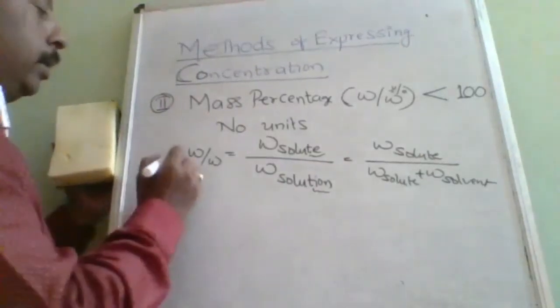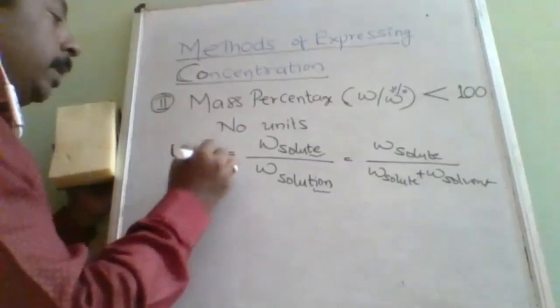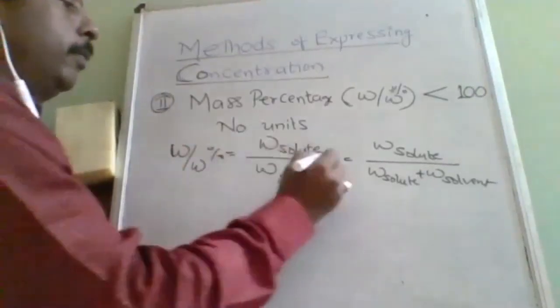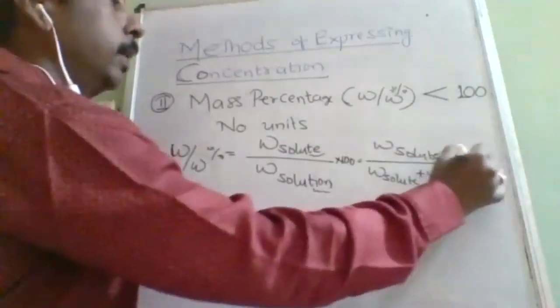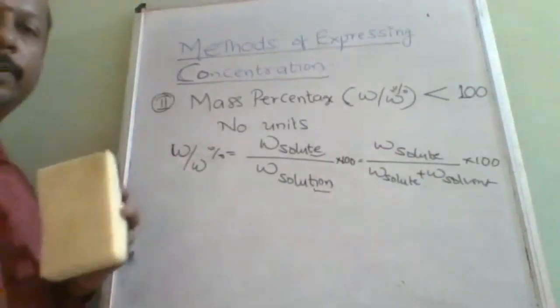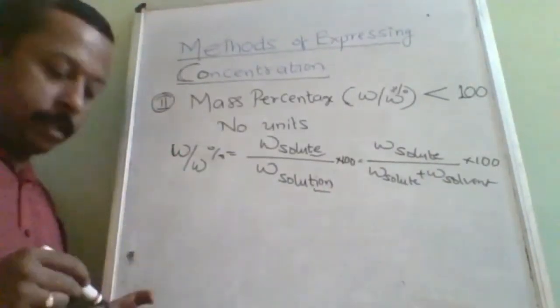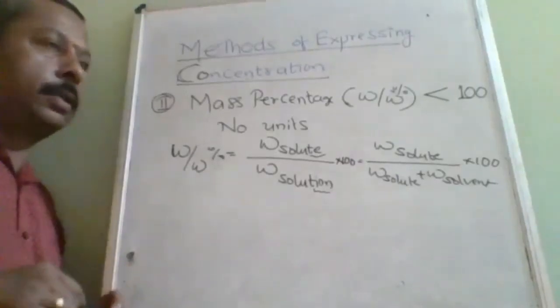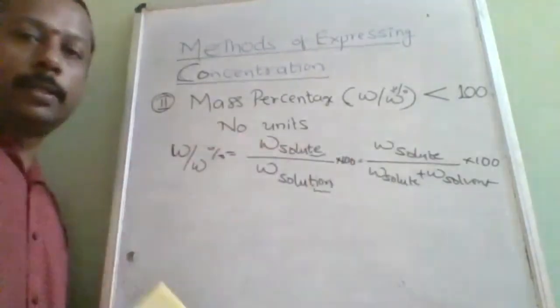Here, mass percentage, W by W percentage, the formula is the same, the extra thing we need to do is multiply by 100. This is the second method. First one is mass fraction, second one is mass percentage. Mass percentage should be less than 100.